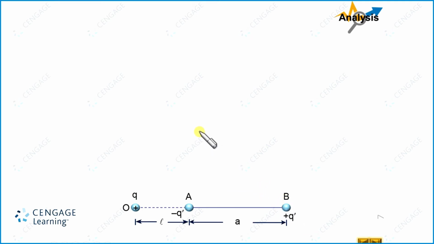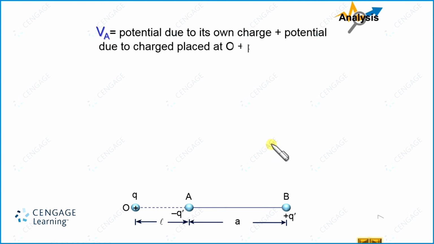So, here we can write V A equal to the potential due to its own charge, the potential due to this charge at O position, and the potential due to the charge at B. So, this is the potential at A. Now, we can write the value of V A. V A should be equal to, because this is a metal sphere and the potential of a metal sphere is equal to 1 upon 4 pi epsilon naught, charge divided by radius, and the charge is minus q dash.